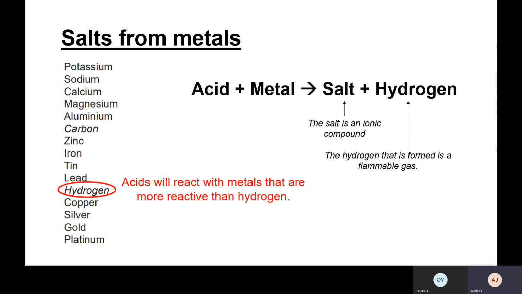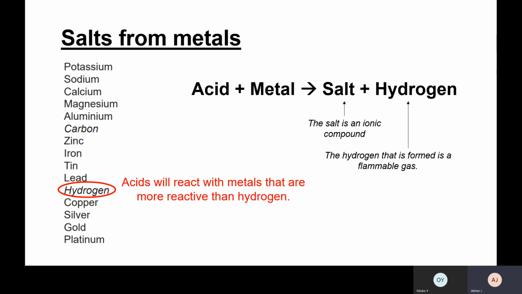So for this, the first thing we need to do is refer back to our reactivity series, okay? Now, essentially, any metal that is more reactive than hydrogen will react with an acid and form a salt, a metal salt, and hydrogen gas.